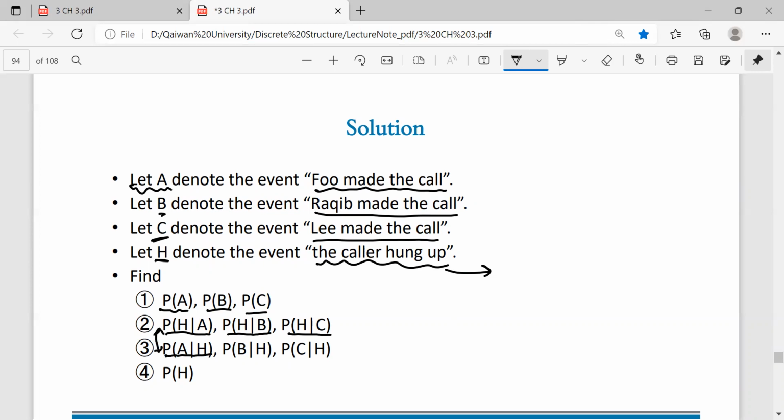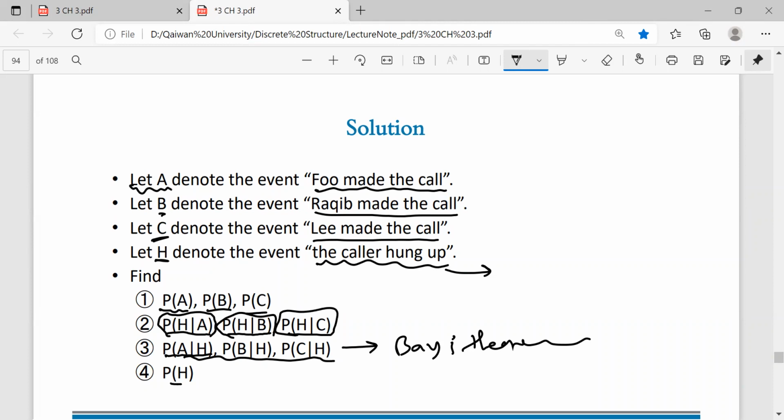These are different. Here we find these by using Bayes' theorem. We use Bayes' theorem for finding these three. But these others are only conditional probabilities. It's easy. And the probability of H, we find it.